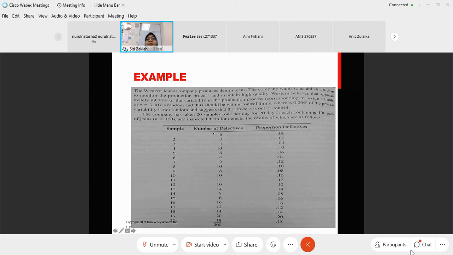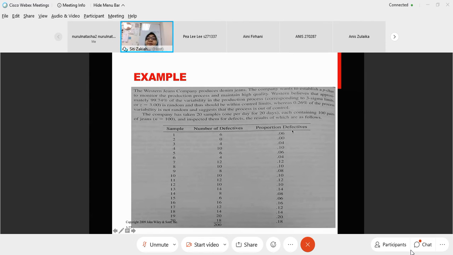On the first day, there are 6 defectives, maybe the colour is off or something. Second day there are none. Third day 4. On the fourth day, many, 10. They take samples up to 20 days. You total up the number of defectives, 200, from the first day to the 20th day, right?